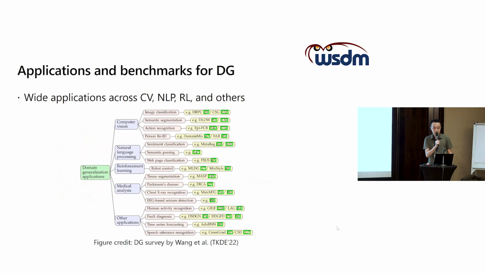So for the next session, I want to introduce some applications. Because we know that the problem of domain generalization actually aims to tackle the problem that we do not have sufficient data during training. This kind of insufficient data scenario can appear in different kinds of applications.